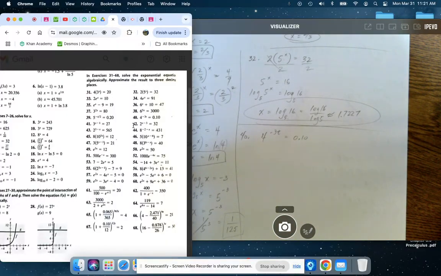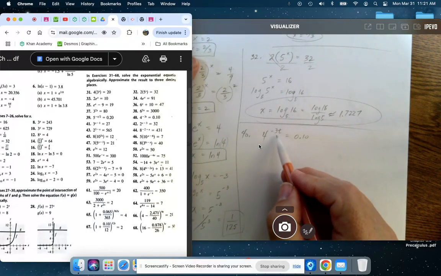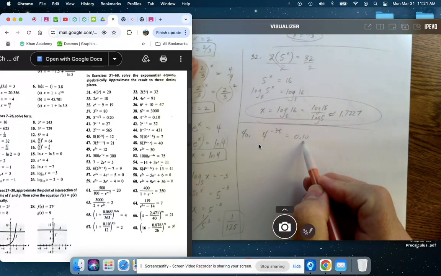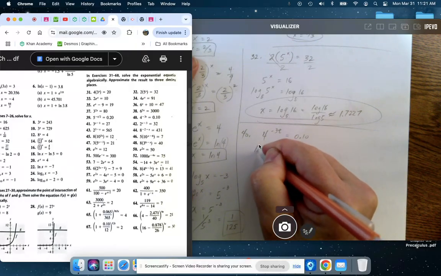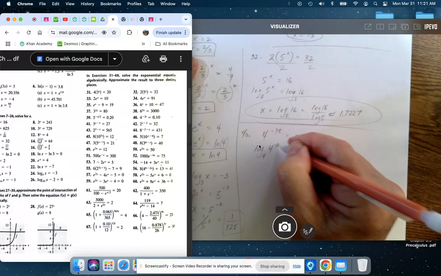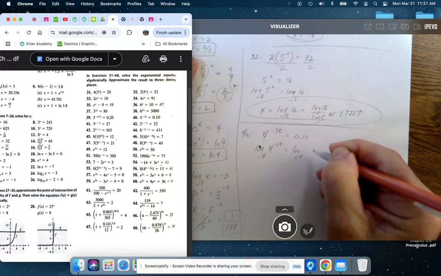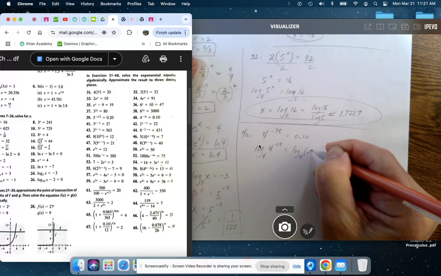Okay. Again, I can't make this base 4, so I'm just going to do log base 4 of 4 to the negative 3t equals log base 4 of 0.1.